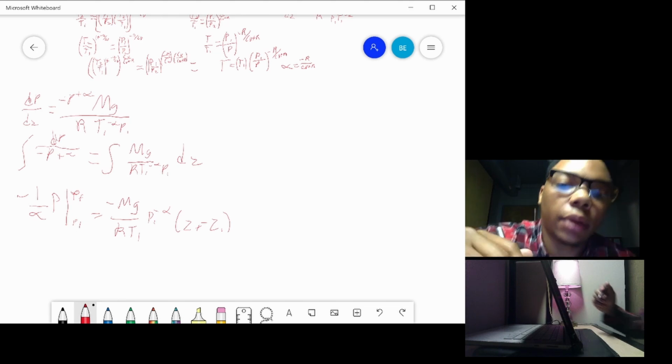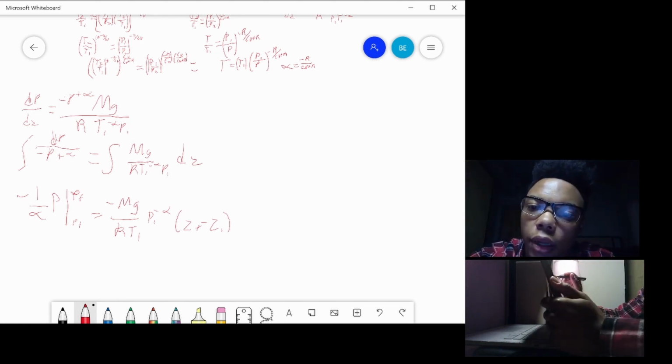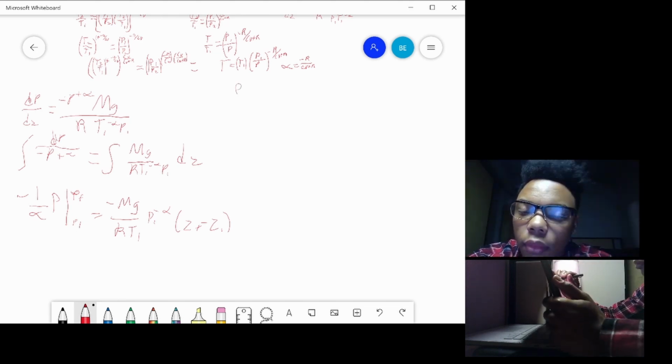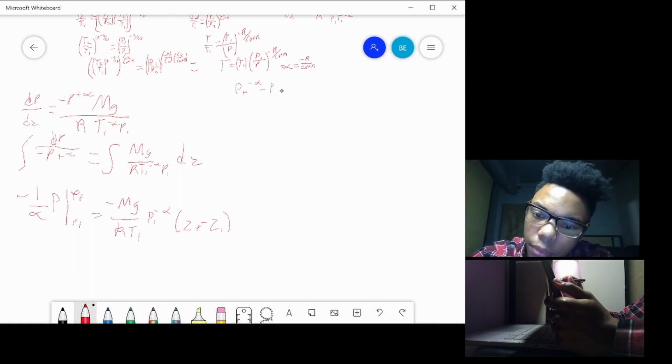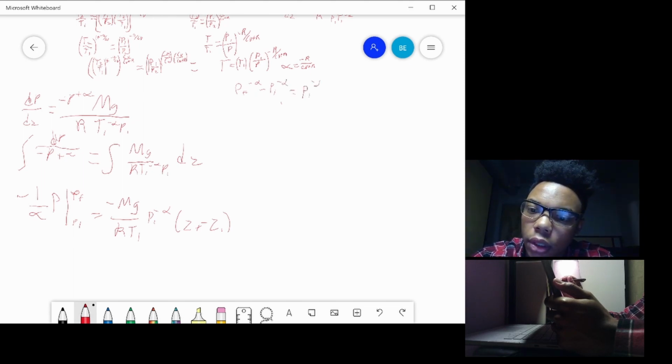And from here, we're able to take all these and get PF to the negative alpha minus P1 to the negative alpha equals P1 to the negative alpha of mg over RT1.